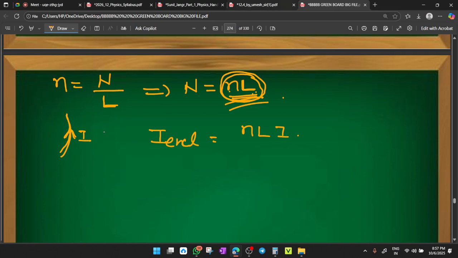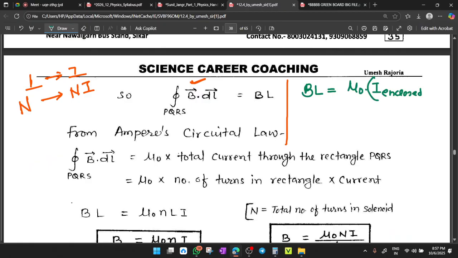So BL equals mu naught nLI. L cancels L. Now B equals mu naught nI.